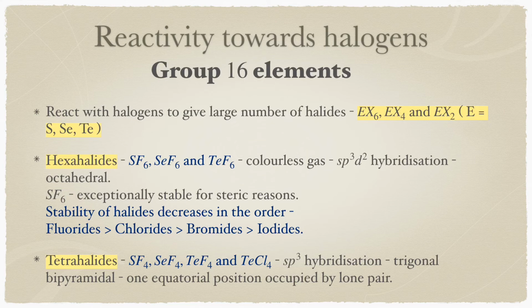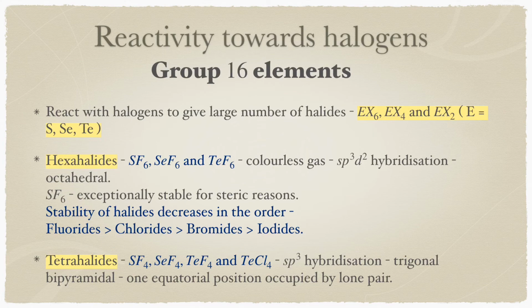They are colorless gases, their hybridization is sp3d2 and the geometry is octahedral. Octahedral means, for example in SF6, sulfur is the central atom and fluorine is at the 6 corners. And SF6 is exceptionally stable for steric reasons.